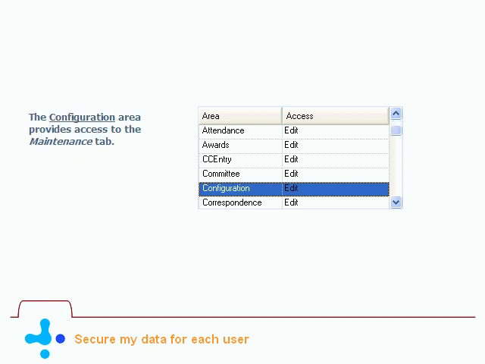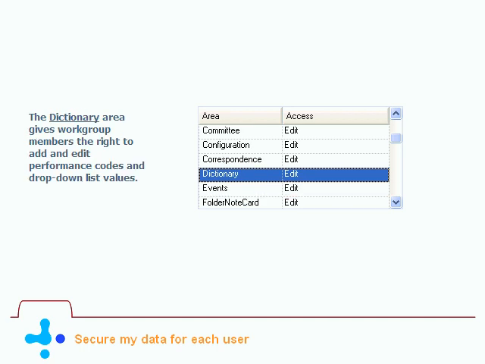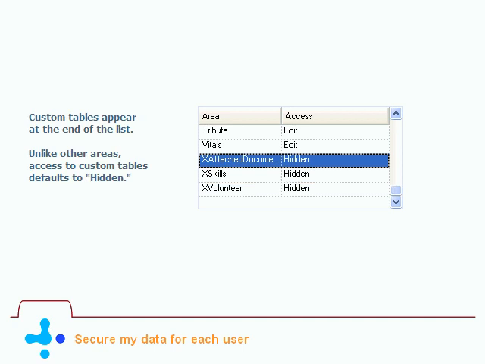The Configuration area provides access to the Maintenance tab. The Dictionary area gives workgroup members the right to add and edit performance codes and drop-down list values. Custom tables appear at the end of the list. Unlike other areas, access to custom tables defaults to Hidden.